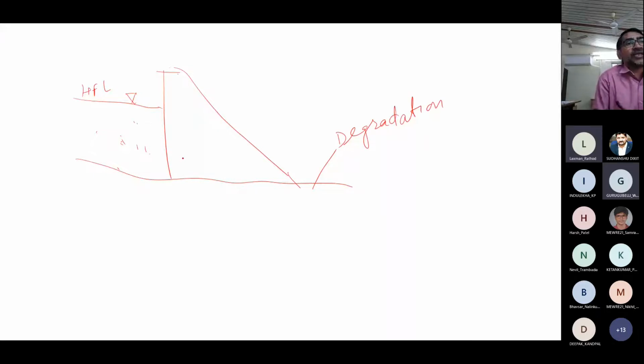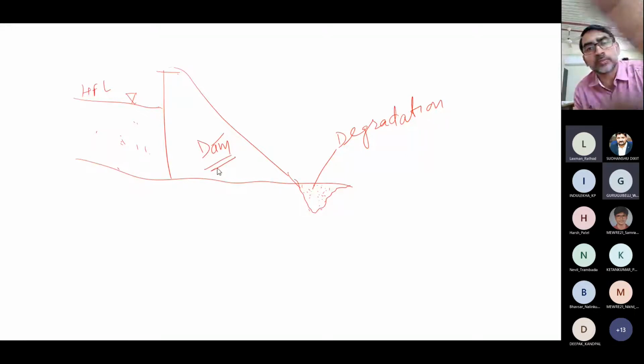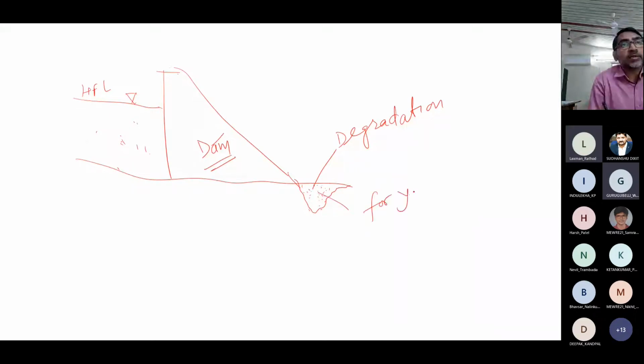So to maintain the equilibrium, the water velocity will pick up sediment, and you will have this degradation on the downstream of the dam. Okay? This is known, is it? Yes, sir. Okay. So this degradation process continues for years.